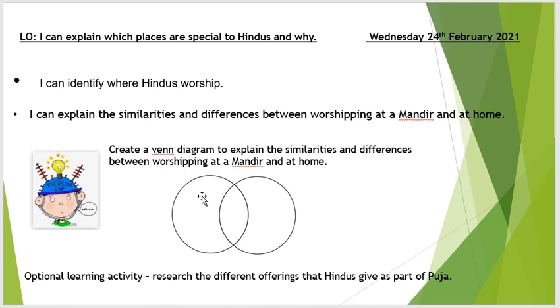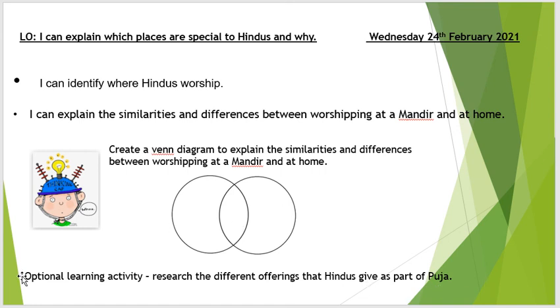Now, you're going to create a Venn diagram to explain the similarities and differences. I'm going to talk you through how to create your Venn diagram in a moment, but I know lots of you may want to do something extra. So if after you've created your Venn diagram, you want to do an optional extra, then you can research the different offerings that Hindus give as part of puja.